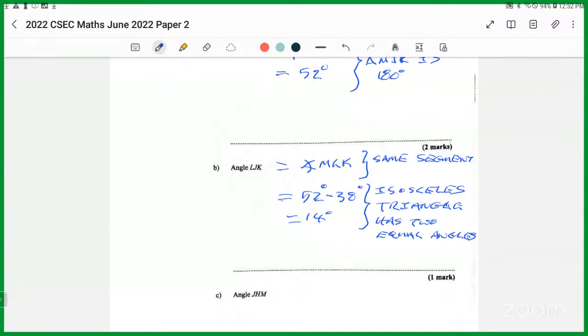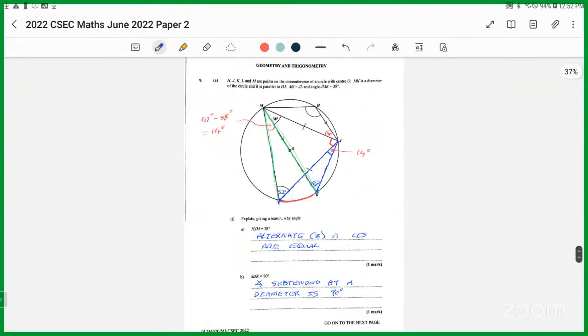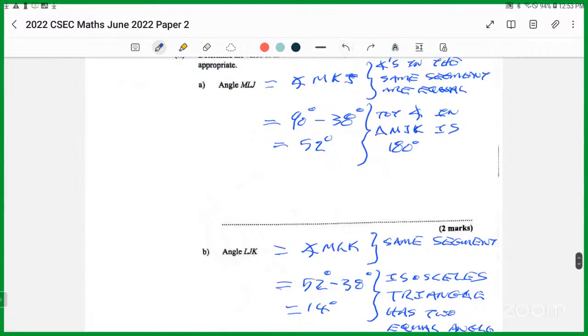All right, and that is it. This angle equals all of this, so that's 52, all 52 minus 38, in that isosceles triangle. All right, I'd advise you to go and do this one over again.